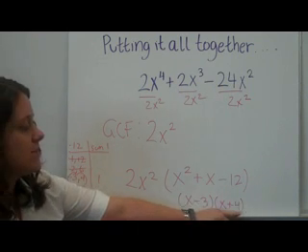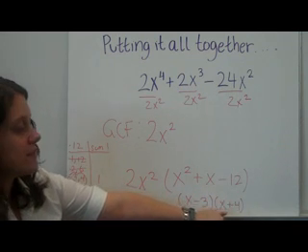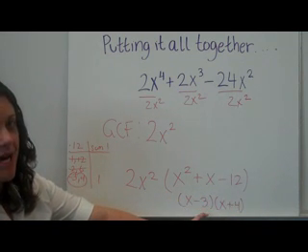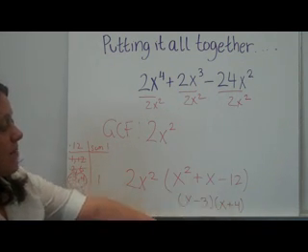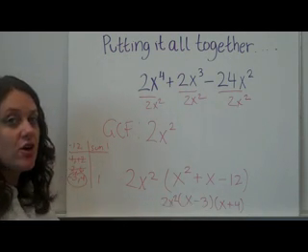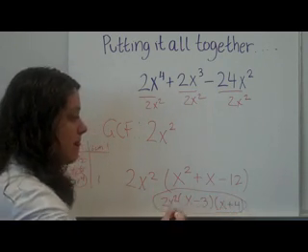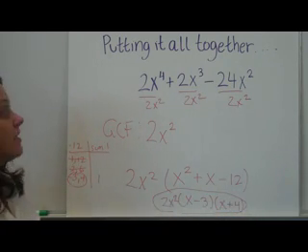So the negative 3 times 4 makes negative 12. I can check: the outside term is 4x, and the inside term is negative 3x. So therefore that gives me a positive 1. And don't forget to bring down the greatest common factor that you took out from the beginning. That is my final answer.